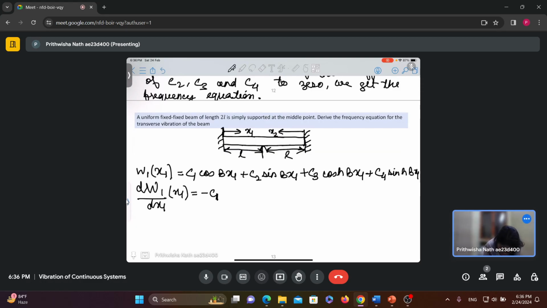It becomes minus C1 beta sin beta x1 plus C2 beta cos beta x1 plus C3 beta sin hyperbolic beta x1 plus C4 beta cos hyperbolic beta x1.